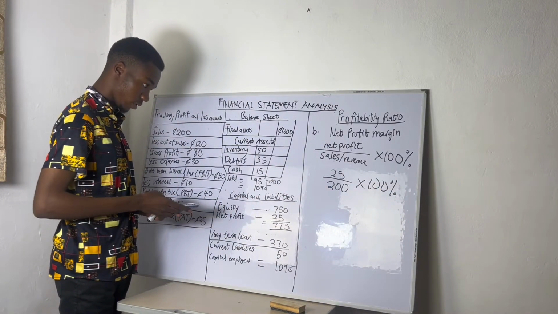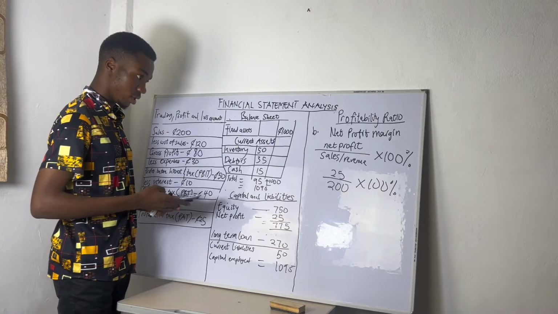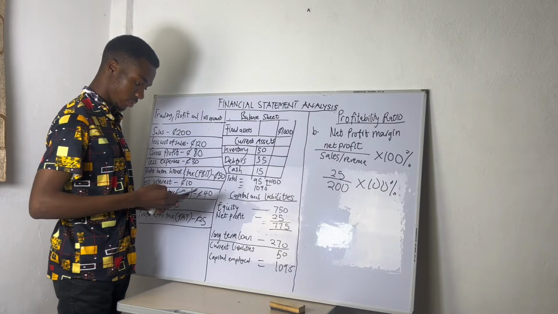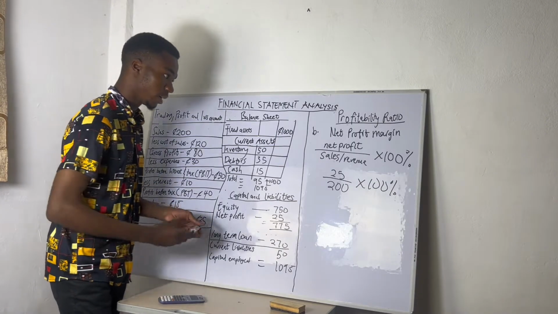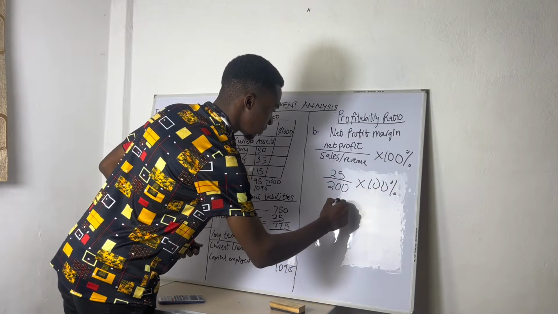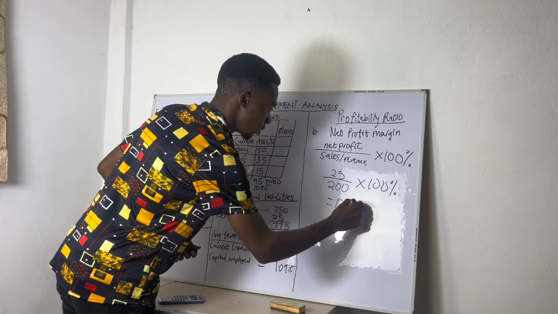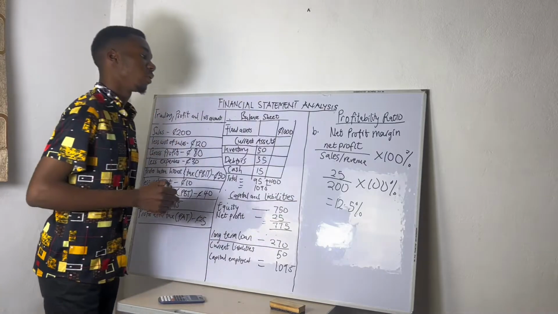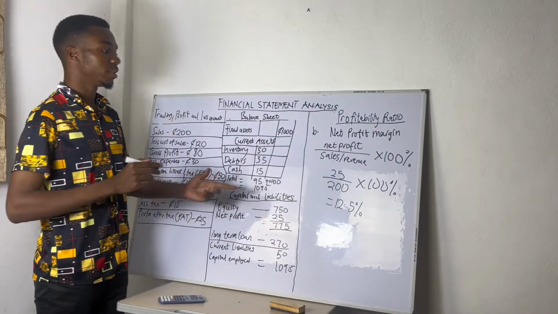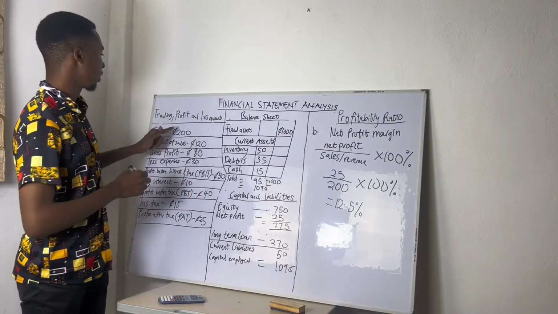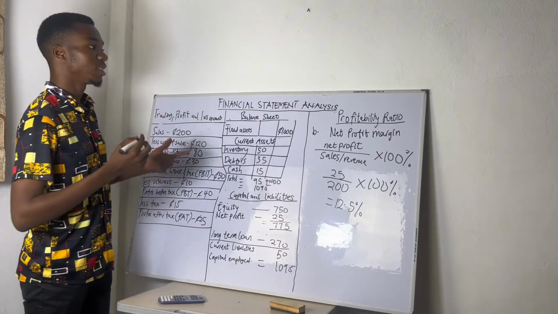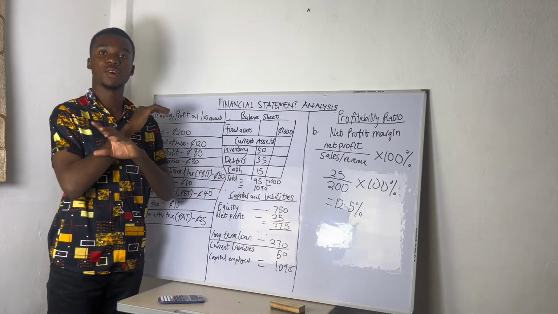You have 25 over 200 times 100%. We are getting 12.5%. So we get 12.5%, meaning that 12.5% of your sales, which is 200, is what you are getting as a profit when you subtract all the expenses.